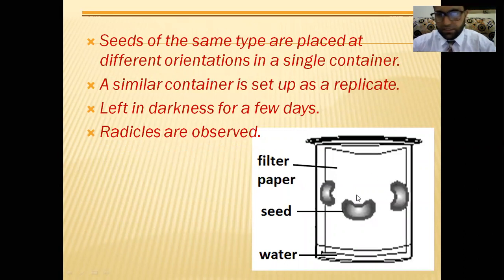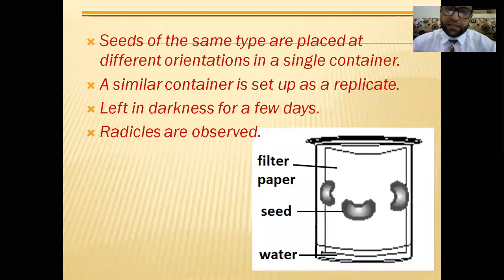The student places the seeds like this. A similar container is set up as a replicate. In order to make your experiment more authentic, we take a replicate, to make it more reliable.